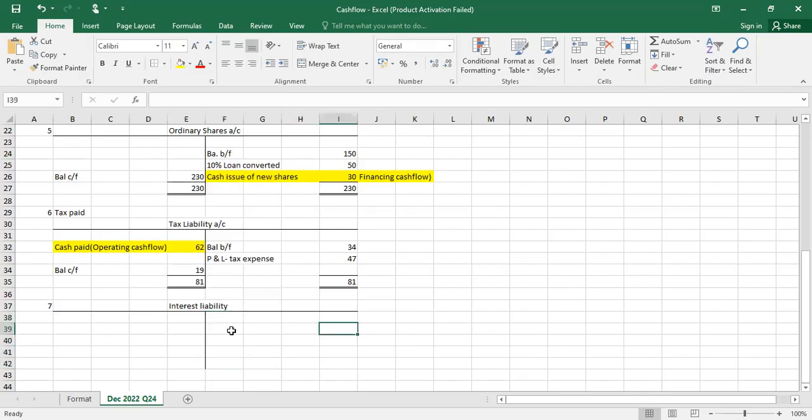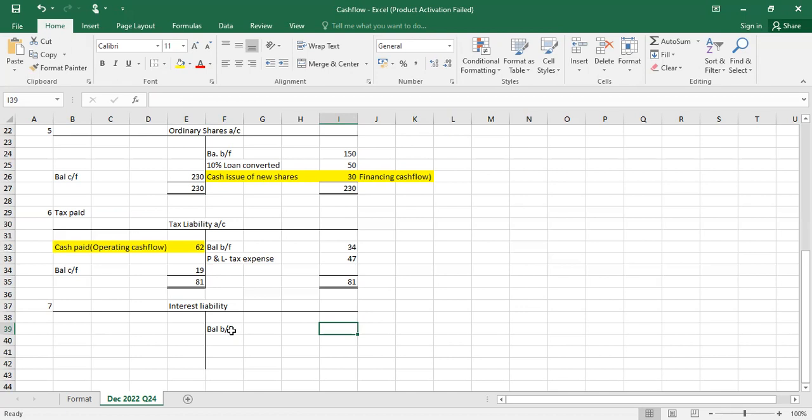So that being a liability, again, it's a credit. And so the balance brought forward, you credit it. How much is the brought forward balance for the interest liability?